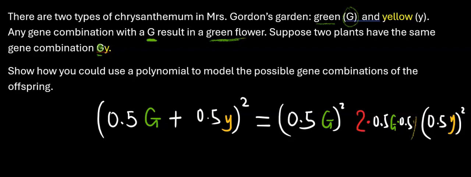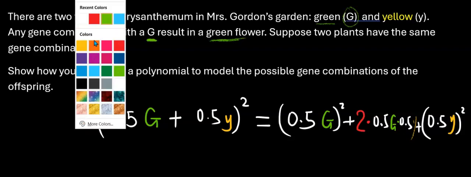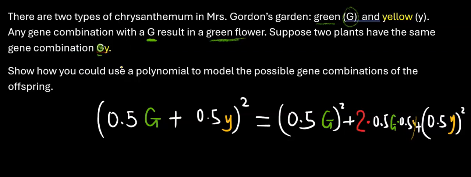And then don't forget it's add. Now it's good. So first term squared, next term squared. The middle term is 2 times the first term times the next term.